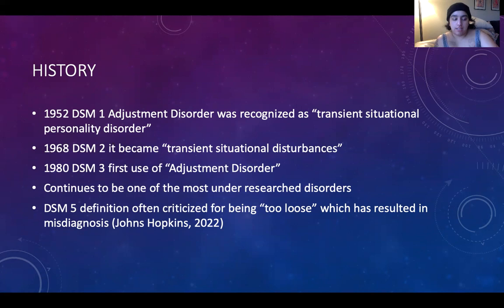They described it as too loose because there have been records of it being misdiagnosed as major depressive disorder, post-traumatic stress disorder, or acute stress disorder, which are the top three differential diagnoses to rule out when you're diagnosing adjustment disorder.